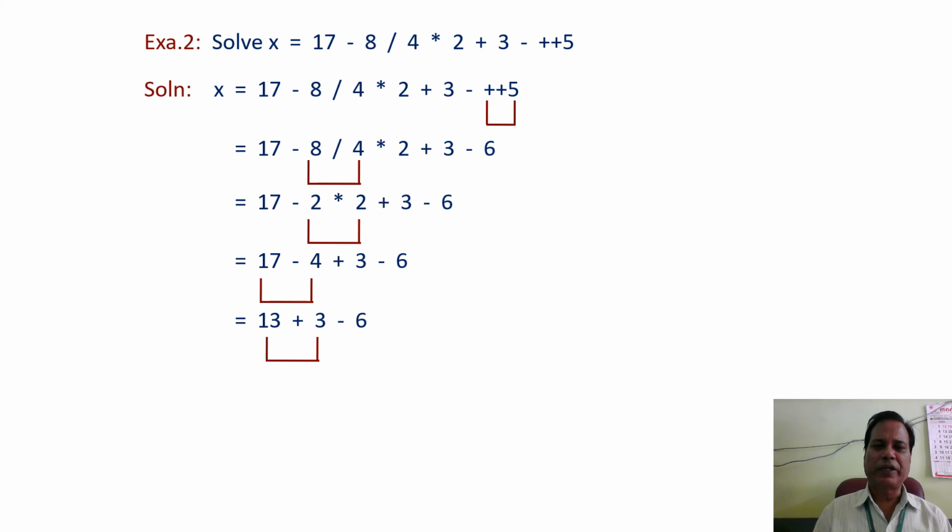And again in the next step we add 13 and 3 first and that results in 16 and then minus 6. And finally 16 minus 6 results in an output of 10. So in this way, following the precedence and associativity rules, we have solved this expression.